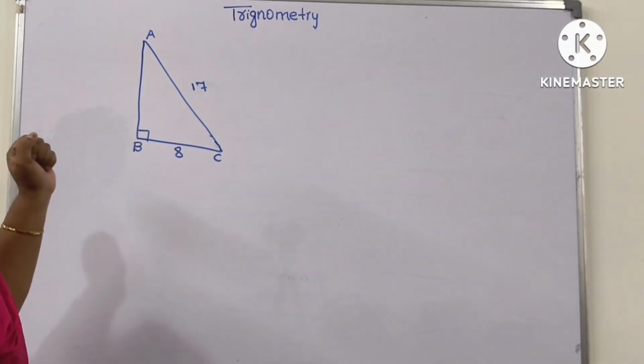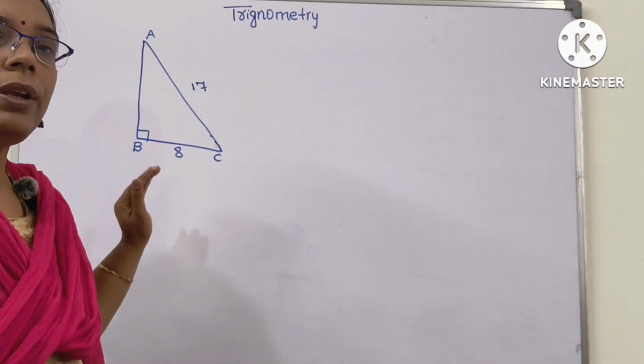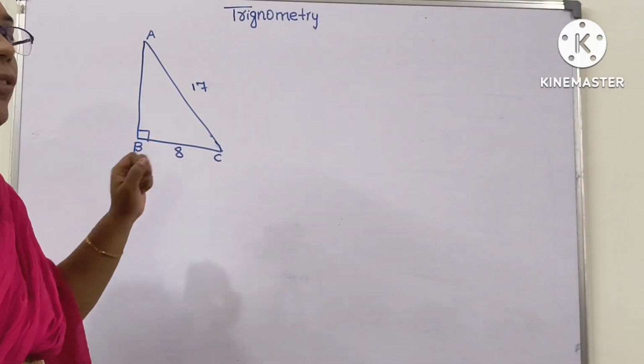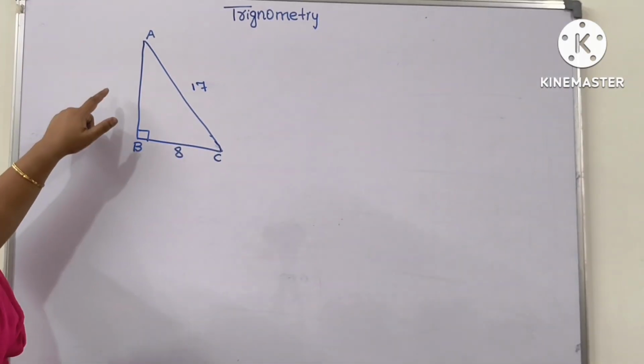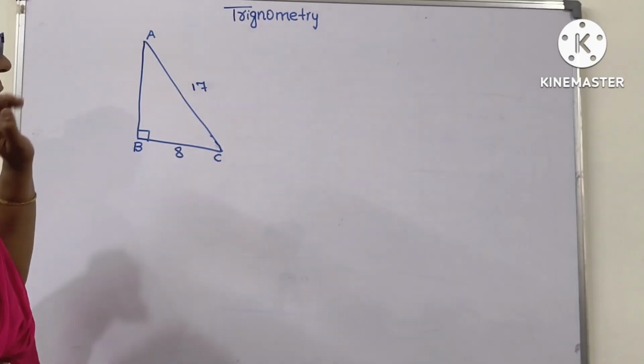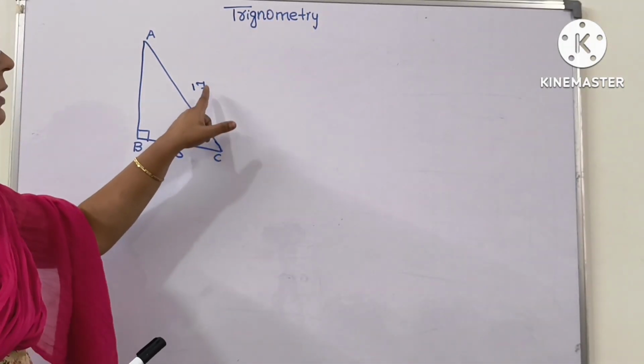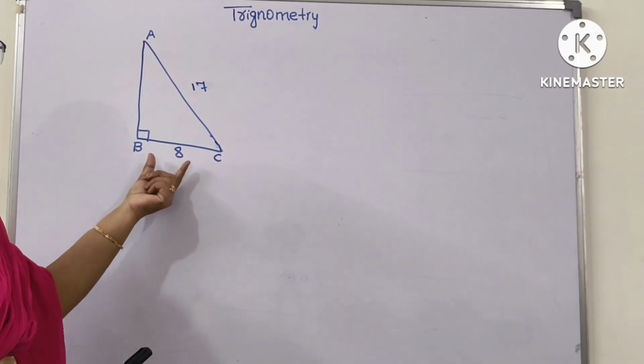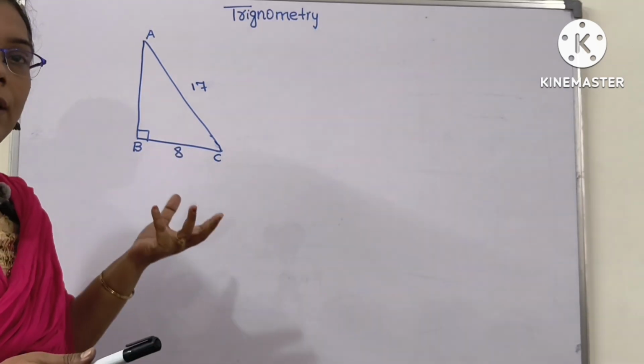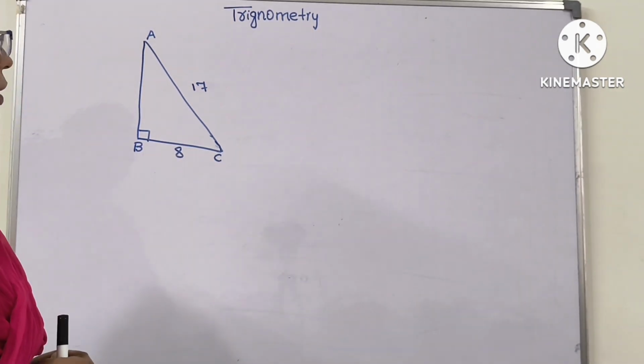So, in trigonometry today we'll understand how to write the trigonometrical ratios if proper values are given or if one of the values is missing. Suppose I have a right angle triangle wherein I have two sides, 17 is the hypotenuse and BC is 8. It could be centimeters or units, do not bother about it.